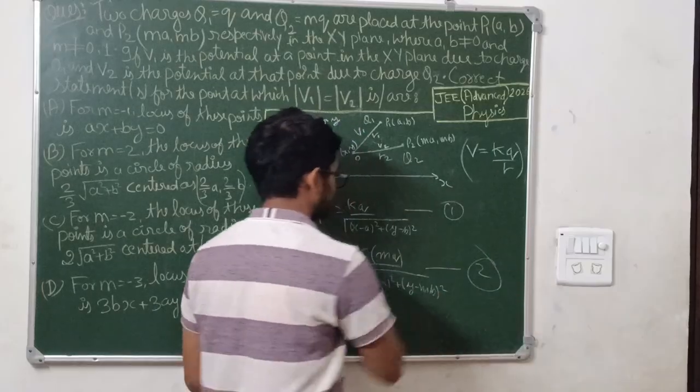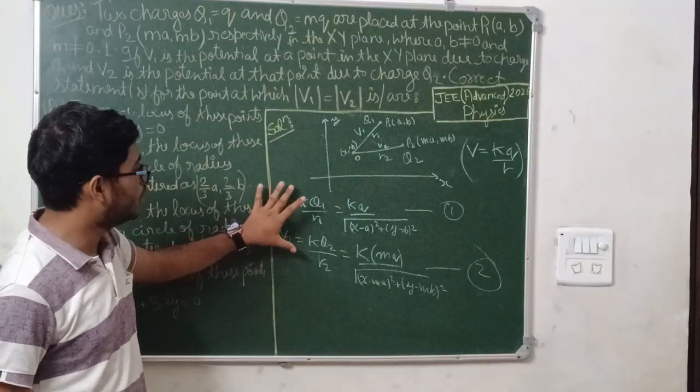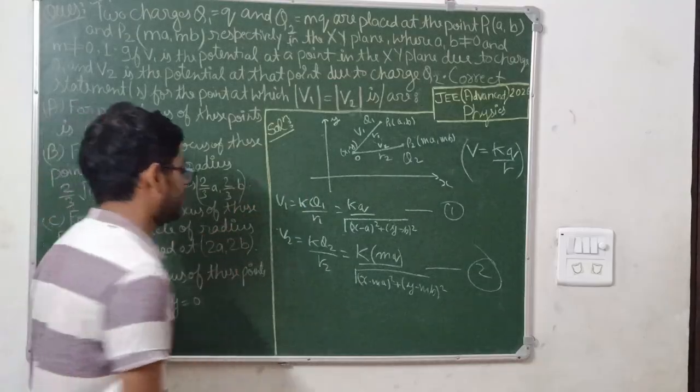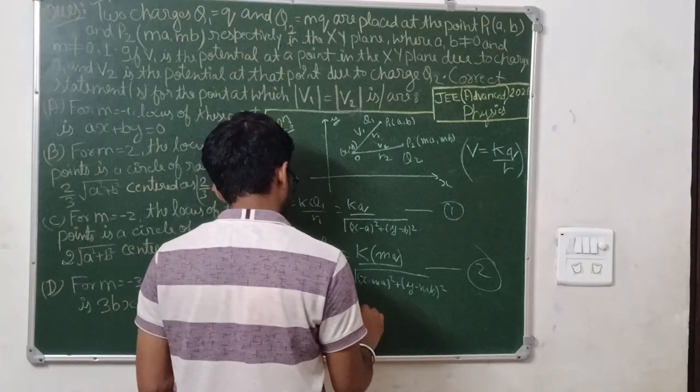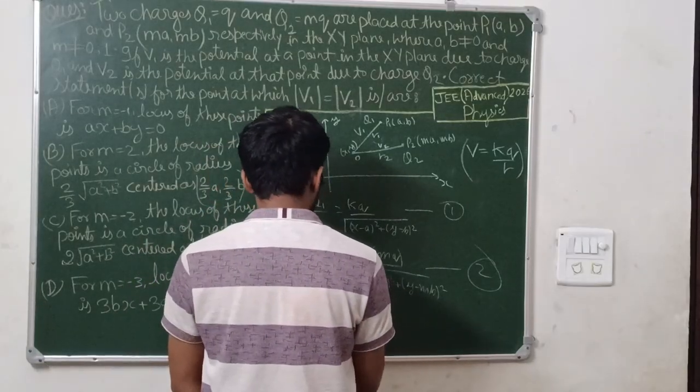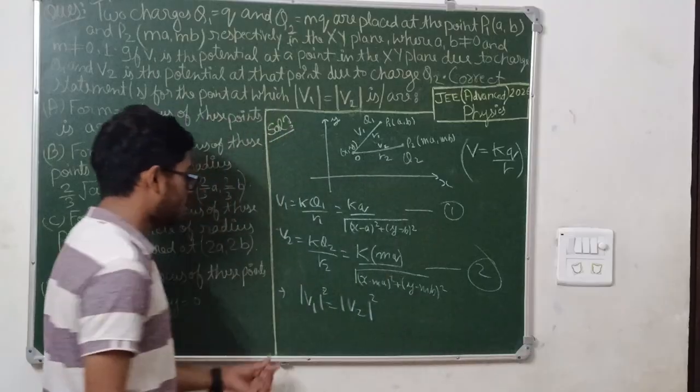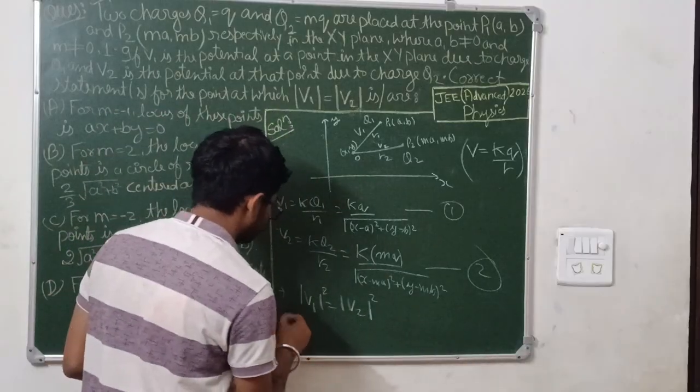This is 2. Now you have to just put them equal in their mods, meaning mod V1 is equal to mod V2. Simply you can square both sides, so the square root would be open.